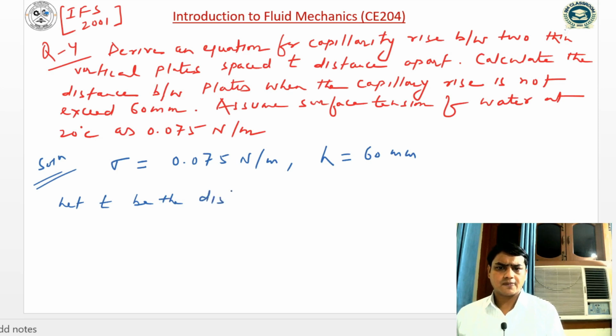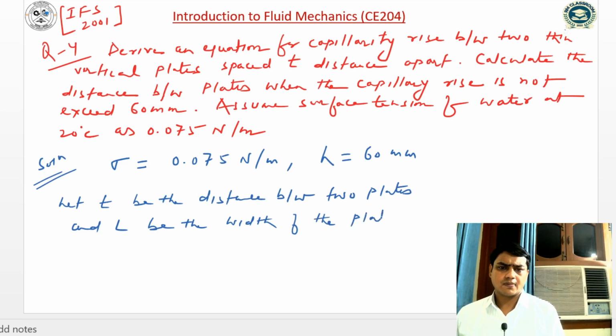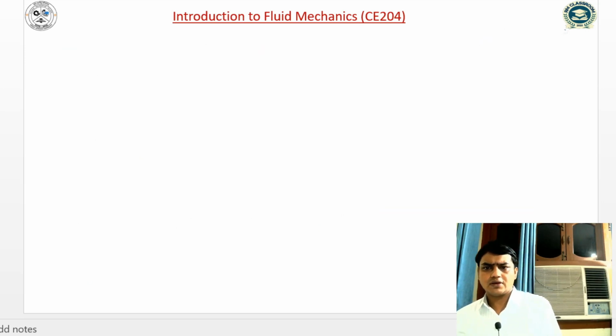thickness of the plate. So let T be the distance between two plates, and capital L be the width of the plate. So if I derive the expression, let us assume this is the condition.